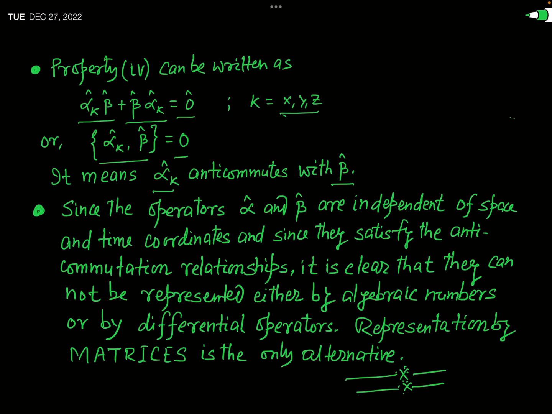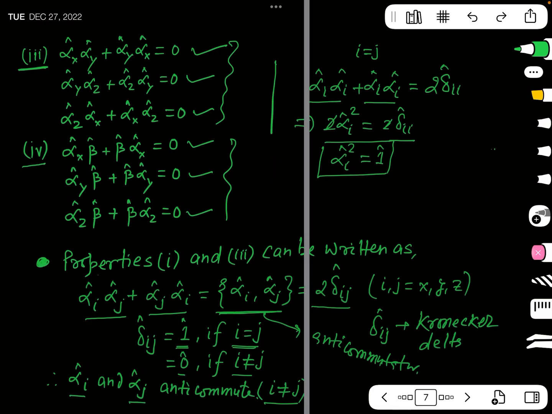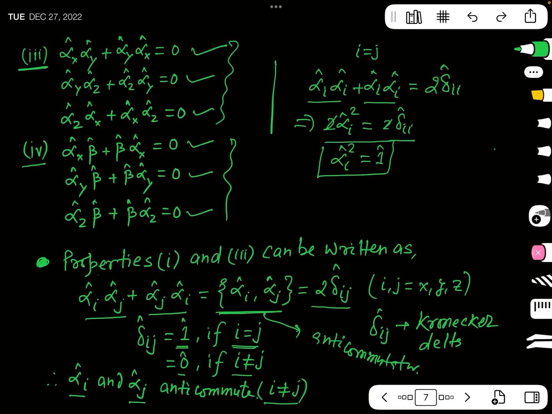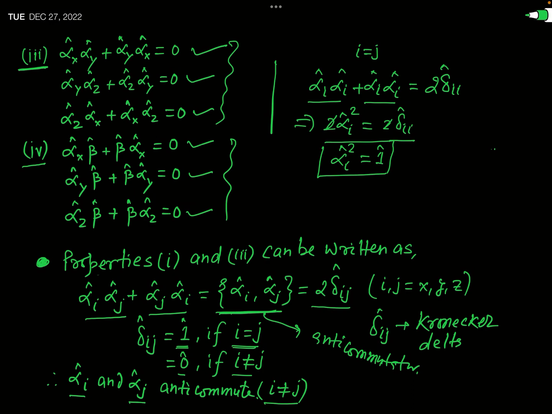So in fact, you have seen from the properties of these operators alpha and beta that these operators are independent of space and time coordinates, as I have told you earlier. And also you have seen here just now that they satisfy the anti-commutation relationship. You have seen that this alpha k also anti-commutes with beta, and any two alpha also anti-commute with one another.